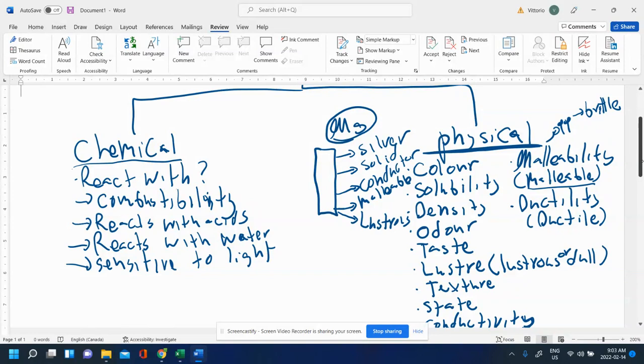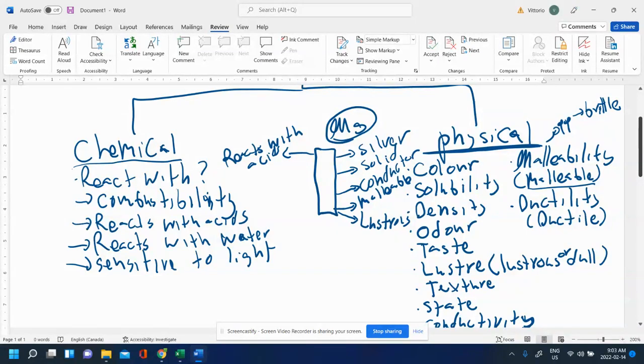But you could also describe this chemically speaking. What does it react with? How does it react with other chemicals? And so if you were to describe this chemically, it actually does react with acids. And if you test this out in the lab as well, you'll find that magnesium does react with oxygen.